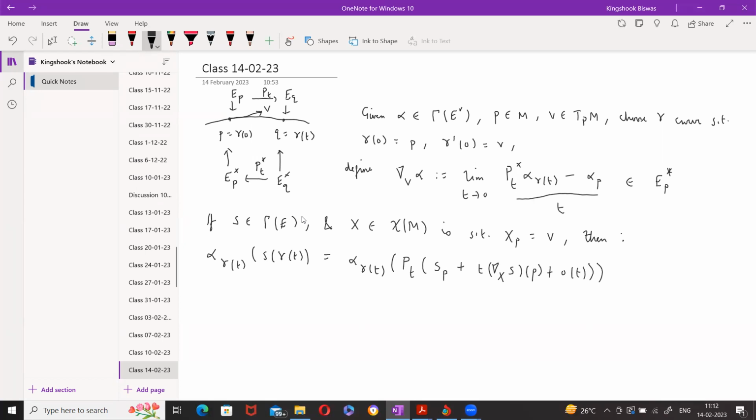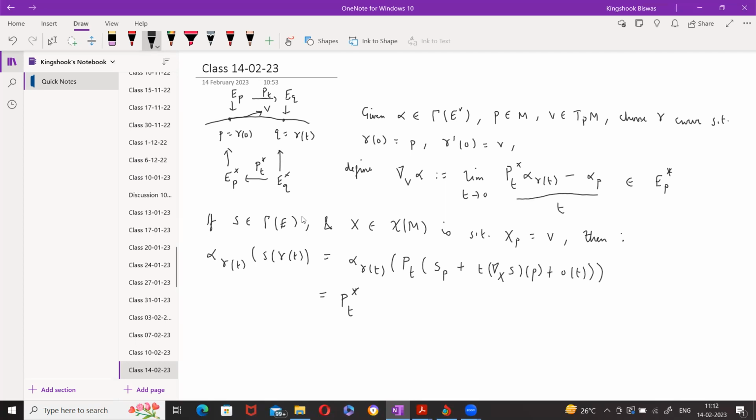Yes, that is fine. Now, what is alpha composed with PT? By definition, that is PT star acting on alpha of gamma t. This is by definition of the dual linear map.